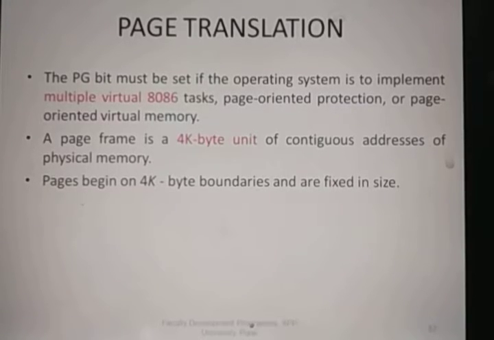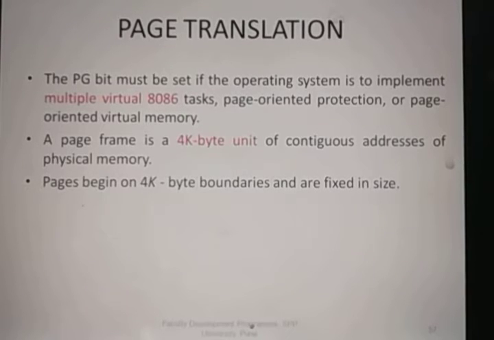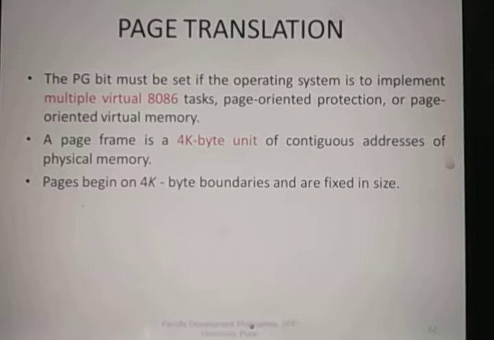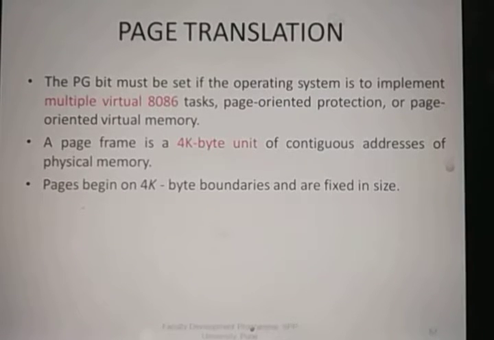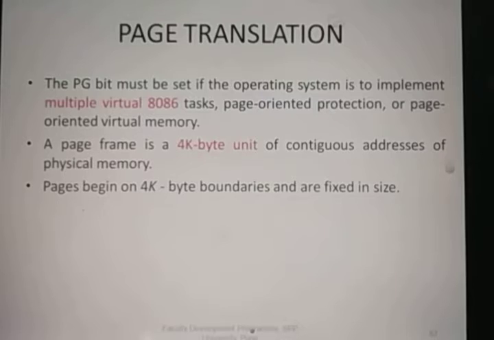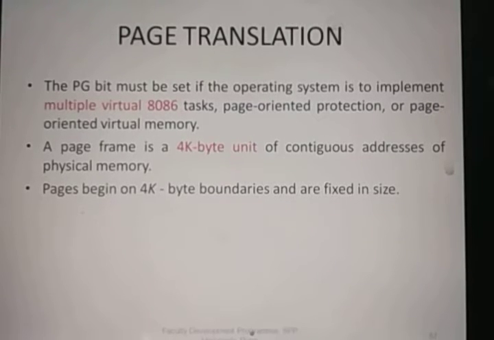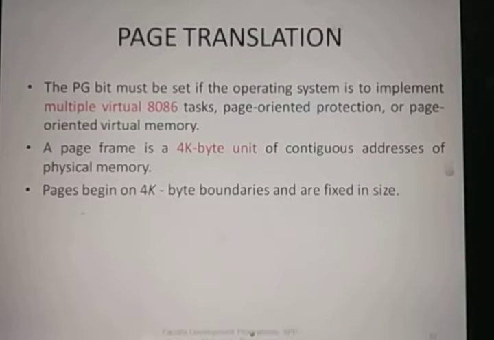It means that when you divide your memory into different parts, those parts have different sizes, but pages have a fixed size. We discussed in the first unit that when you divide your memory into different types of parts, we call these parts segments, and they have different sizes. The smallest segment can be 1 byte and the maximum size can be 4 gigabytes.